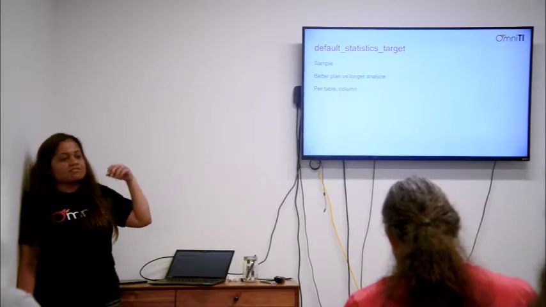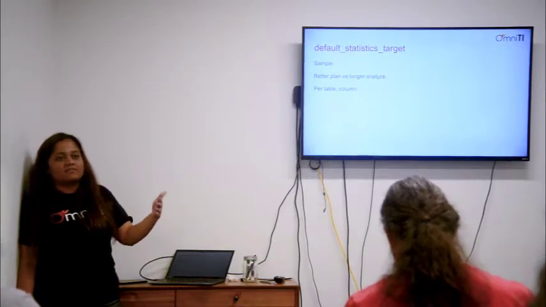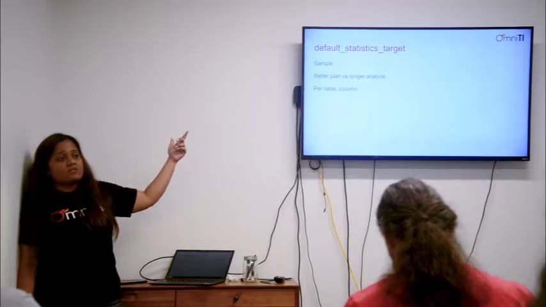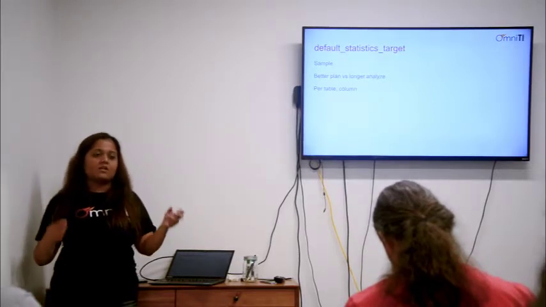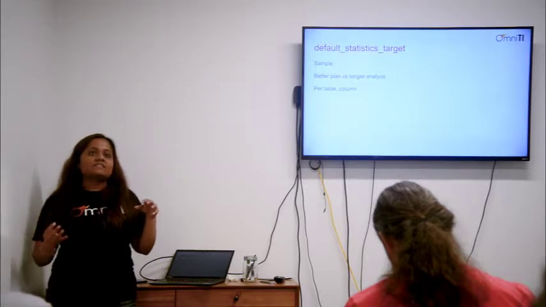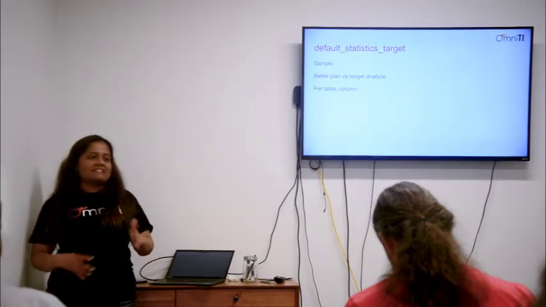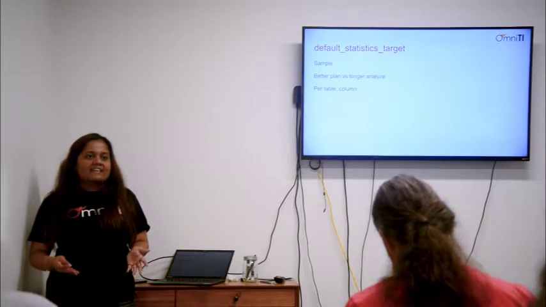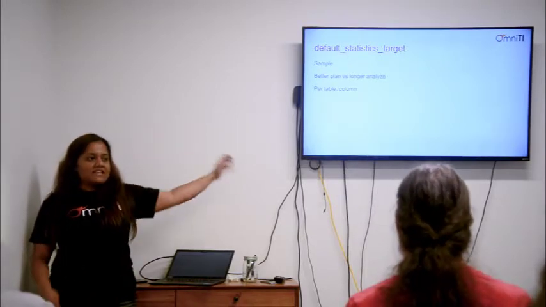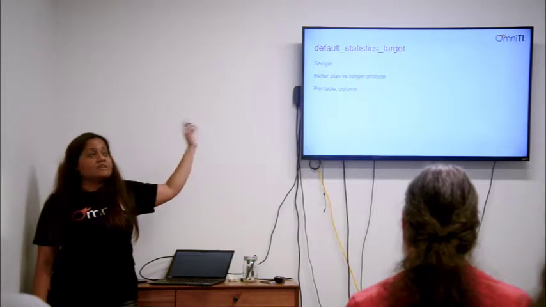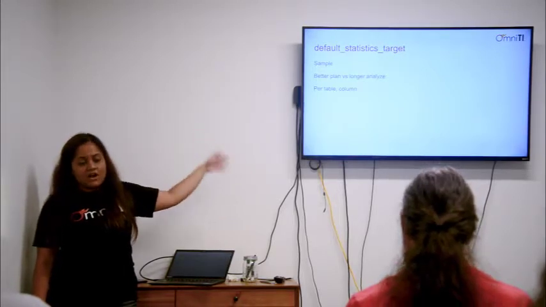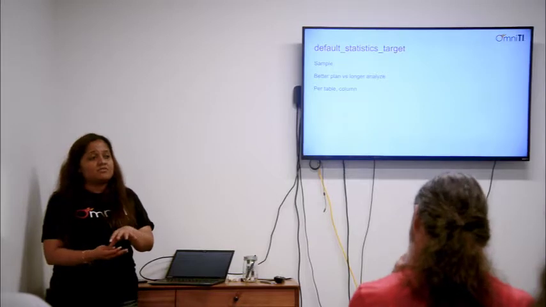And because Postgres does not allow for explicit query hints, this is all the more important. So if you ever run into a situation, which you someday will if you haven't already, where you see that something should use an index and it's just not using it, one of the things you can do, if you don't want to investigate it further, is increase the statistics target per table, and you can increase it per column.